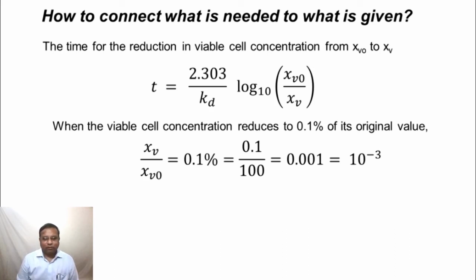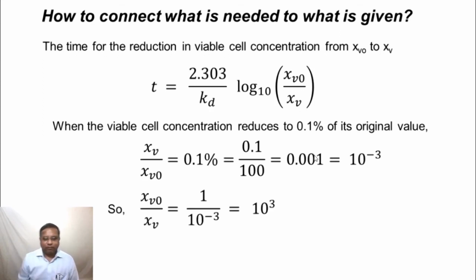This is percent. If we convert it into a fraction, this will turn out to be 0.1 by 100. Percentage is always out of 100, so when we need the fraction, we divide by 100. This is 0.001 or 10 power minus 3.